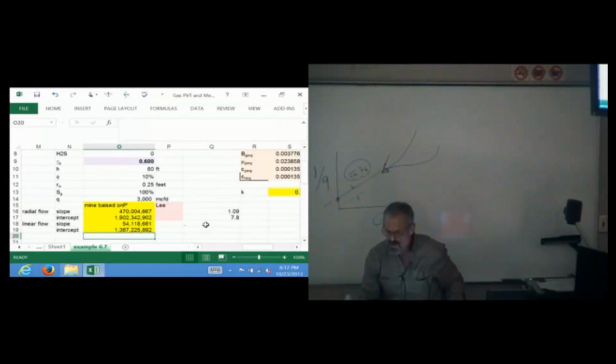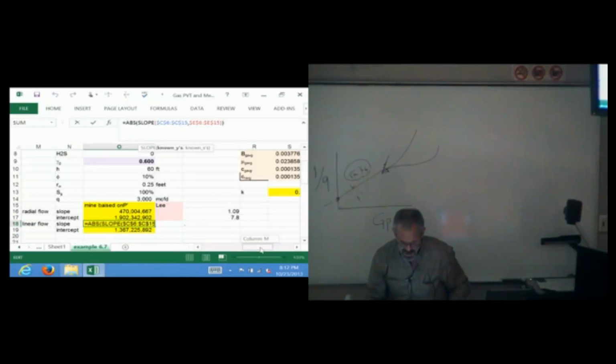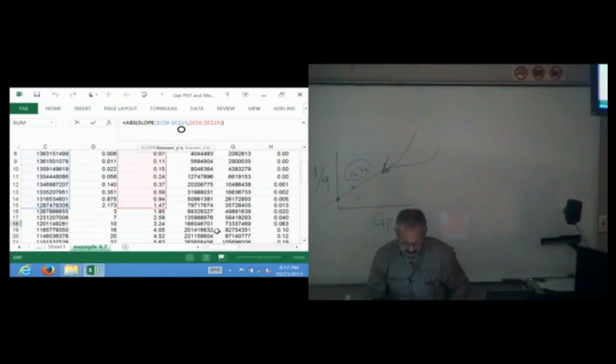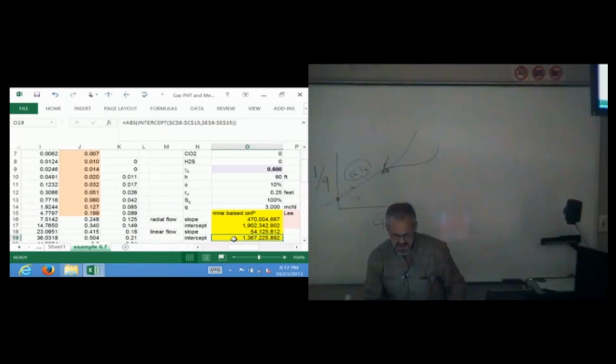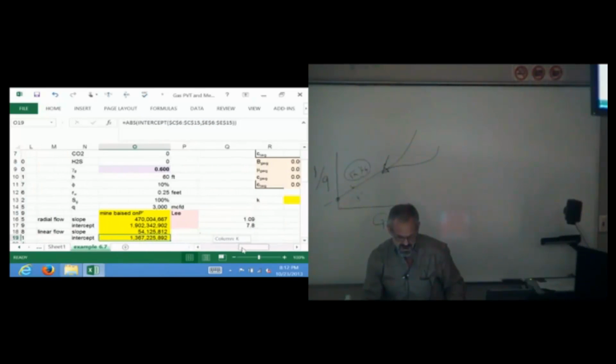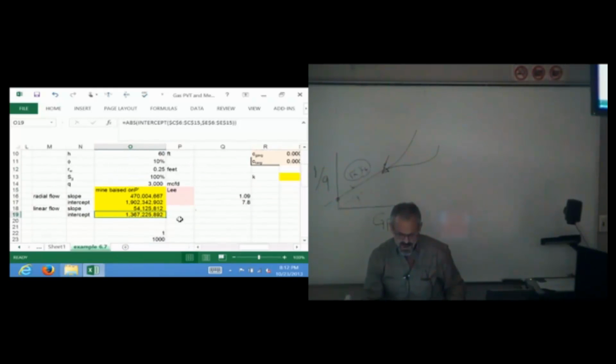Another reason we can determine that we have infinite conductivity, and like I said, the reason I used that original point, I really shouldn't have. Now that I know what I'm doing, I really shouldn't have used my initial point. My initial pressure of 5,000 pounds, its pseudo pressure at time 0. I shouldn't have used that because you may have an intercept that's different than your initial pressure.